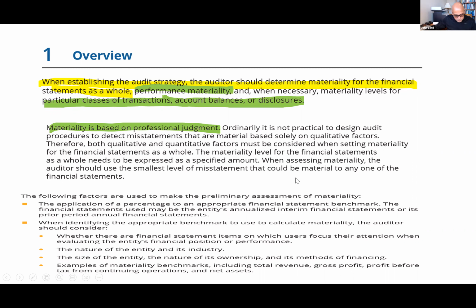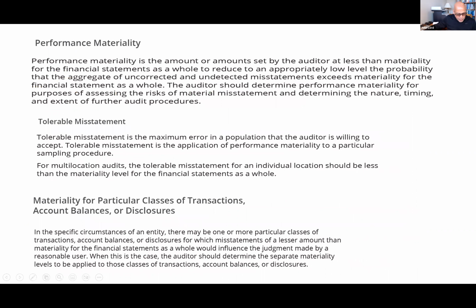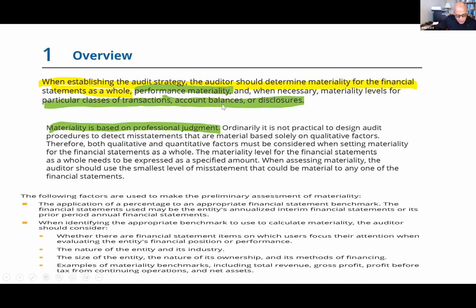So when we come over and we take a look at the different levels of materiality, we can see here that we have performance materiality. Okay, and let's take a look at that. And they tell us that performance materiality, remember we had materiality for the financial statements taken as a whole, and then we had performance materiality as well, and then we have it for a particular class of transactions.